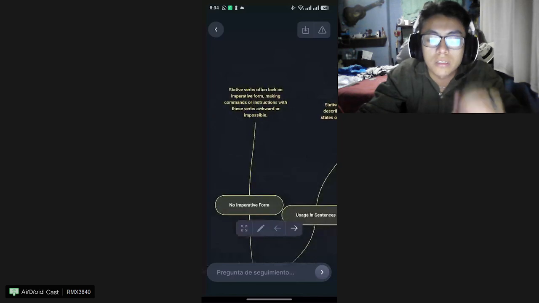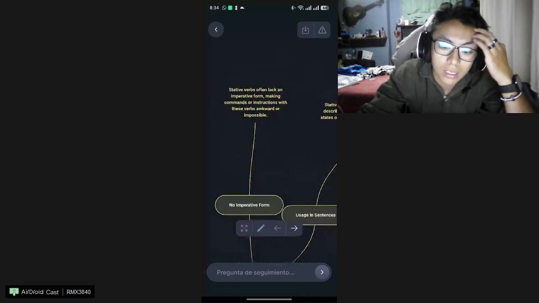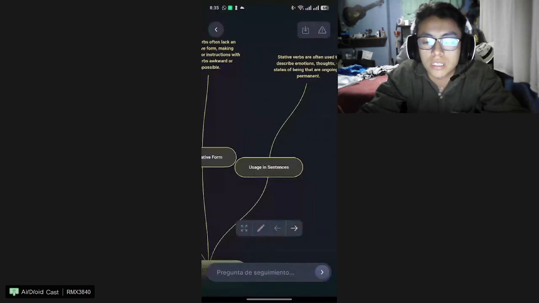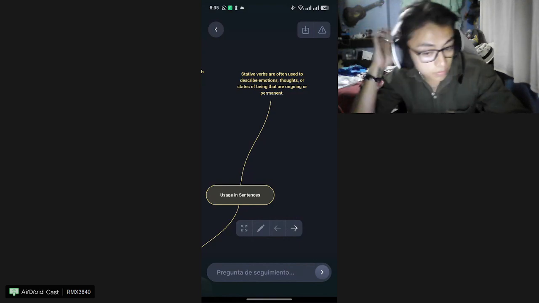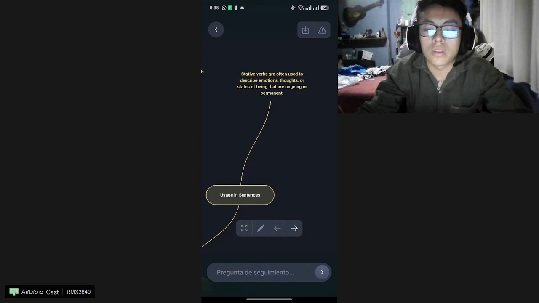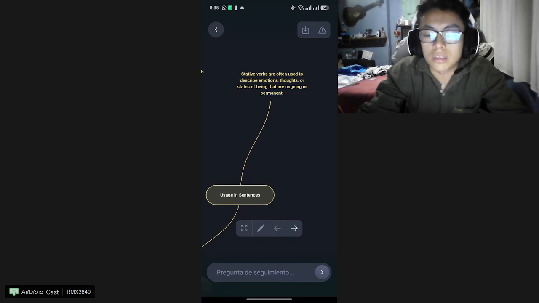Stative verbs often lack an imperative form, making commands or instructions with these verbs nearly impossible. Stative verbs are often used to describe emotions, thoughts, or states of being that are ongoing or permanent.